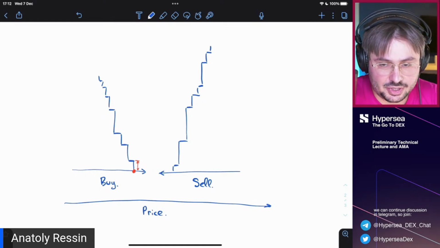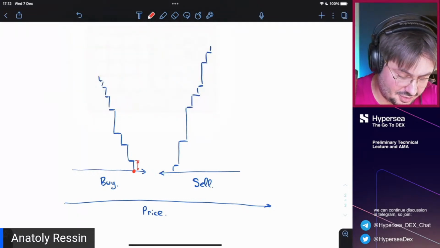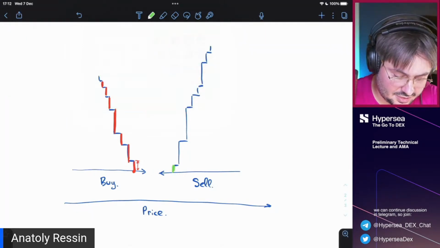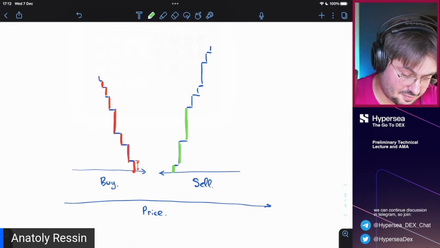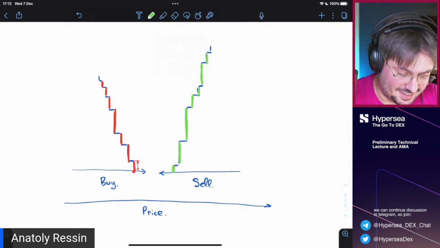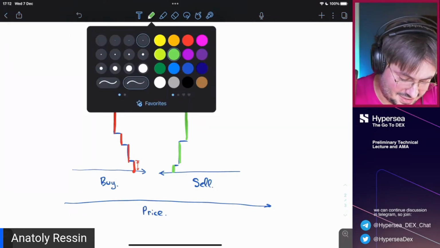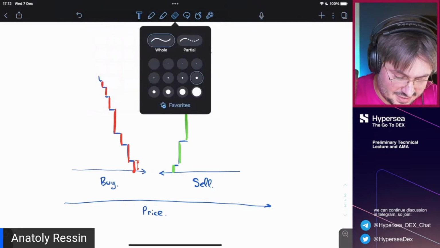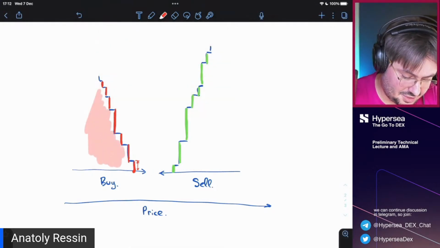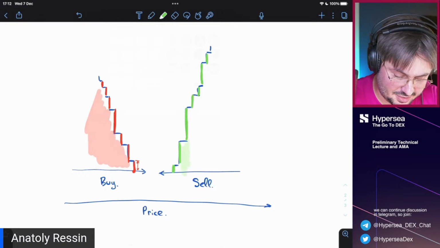But actually, if we speak about the orders themselves, they are just these parts. So these are buy orders, and these are sell orders. And this is often depicted as such two swings. One is here, and the other is here.